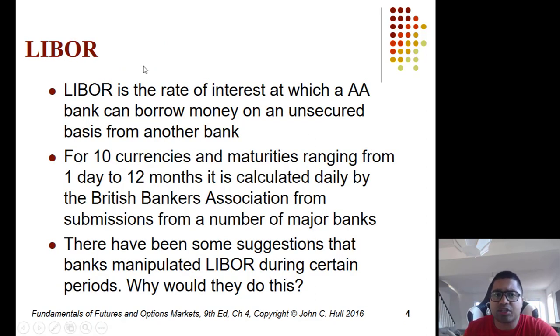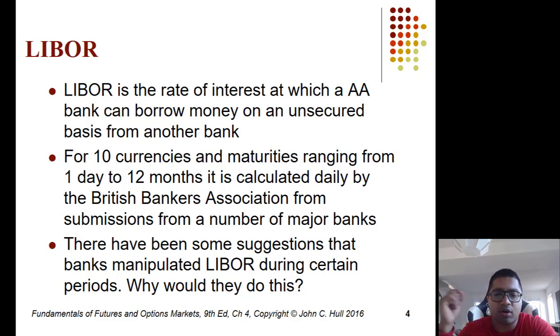The next rate that you would encounter as a finance professional is something called LIBOR. So LIBOR is the London Interbank Offered Rate, right? So how is LIBOR constructed? So what does the Bank of London do? The Bank of London will ask 18 creditworthy banks, 18 top banks in the world, not in London, 18 top banks in the world.